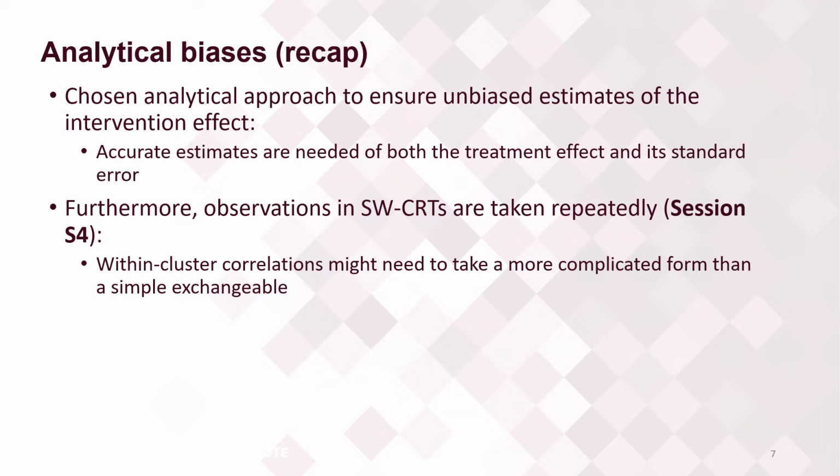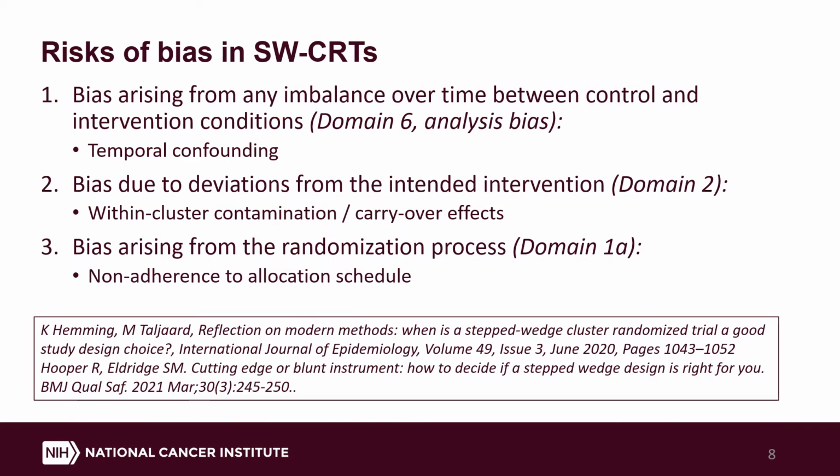And so the within cluster correlations that we need to allow for are probably more complicated than the simple exchangeable correlation structure that we typically allow for in a parallel design. And in session 4, we're going to think about making sure that we allow for these more complex correlation structures in order to get unbiased estimates of the standard errors of our effects. But we'll be looking at that in another section, and we'll put that to one side in this section.